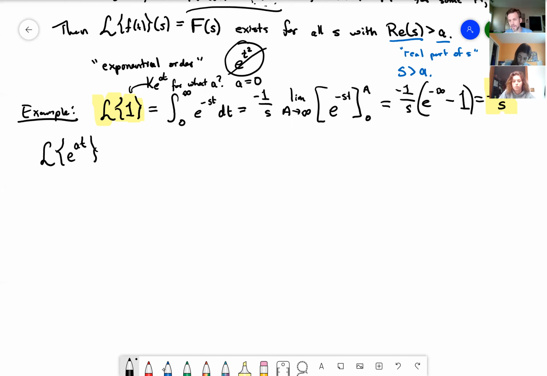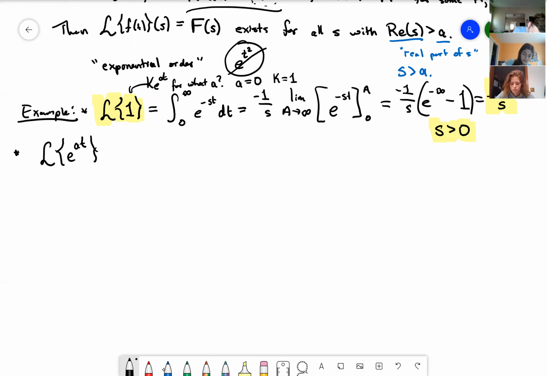For a equal to 0, this is equal to 1. And so we can say a is equal to 1. And it's definitely bounded. 1 is bounded by 1, right? 1 is definitely less than or equal to 1. So this is defined for s greater than a, which is 0, or the real part of s greater than a. This is an important part of the Laplace transform. We need to know what the s-plane is.